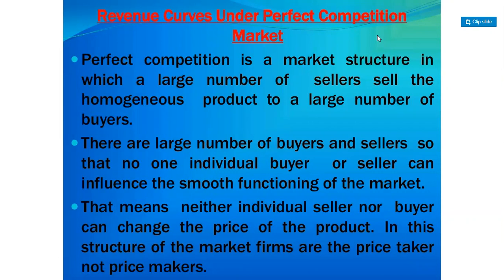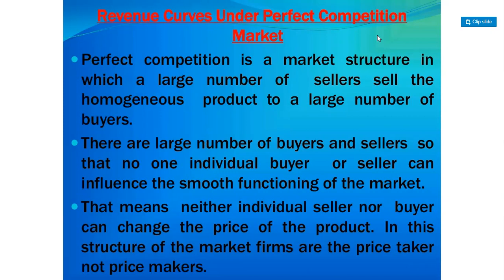They will communicate with each other very easily, and the prices just remain the same with each other. That is called perfect market competition. There are a large number of buyers and sellers, so no individual can influence the smooth functioning of the market.